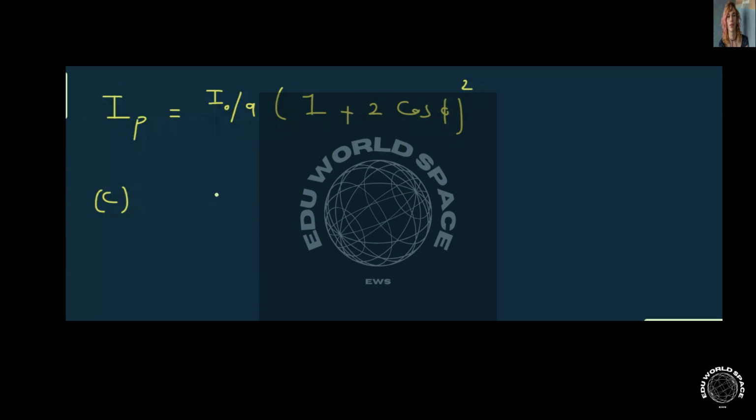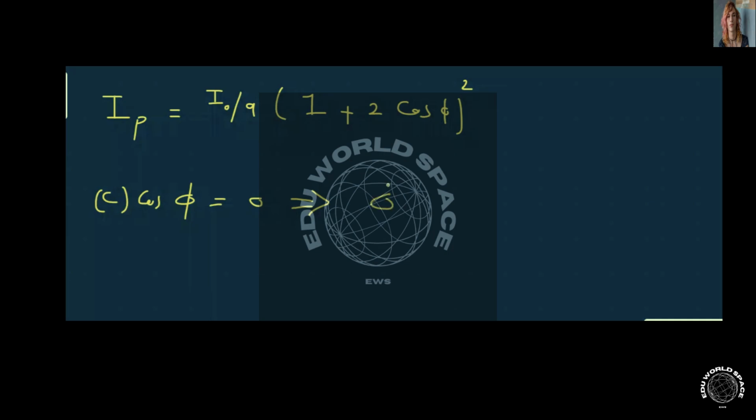So here cosine of phi must be equal to 0.